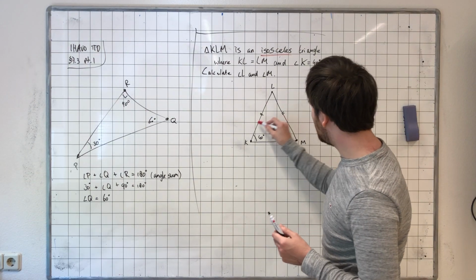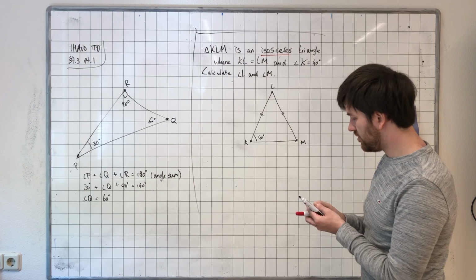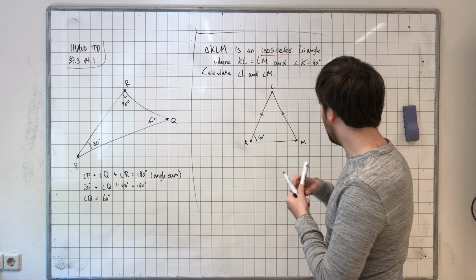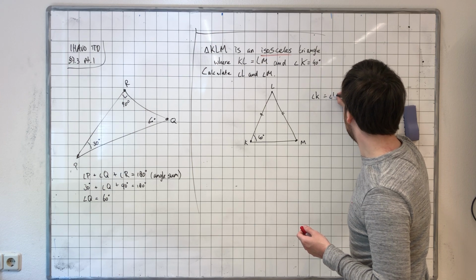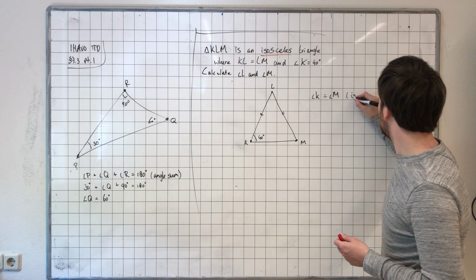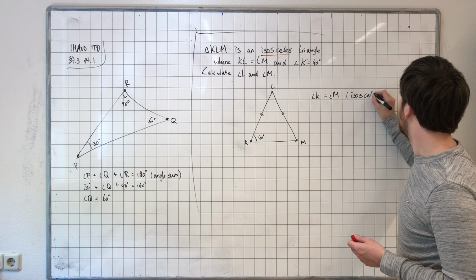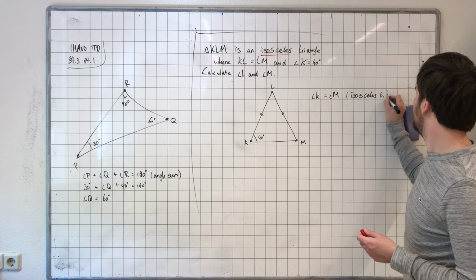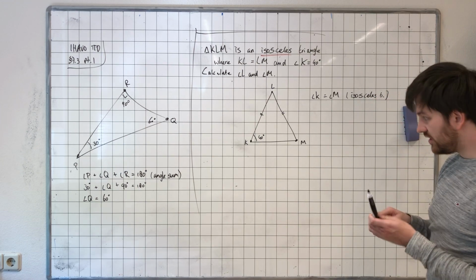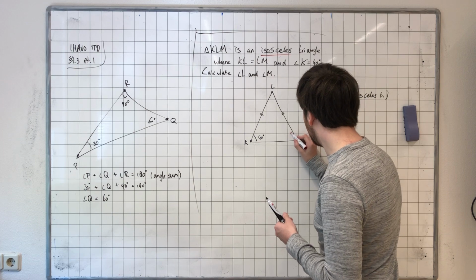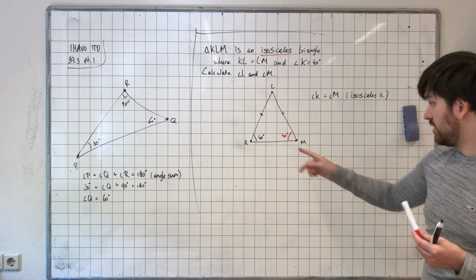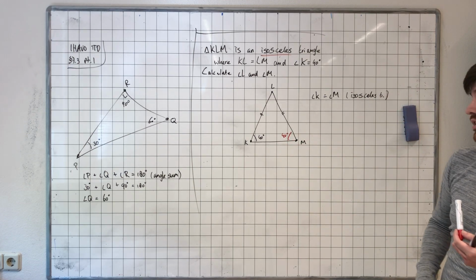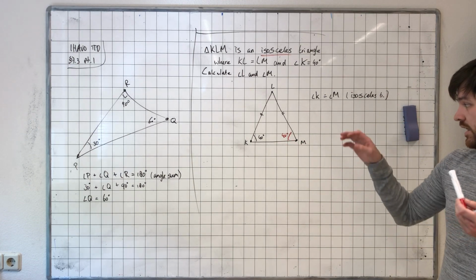These are the two legs that are standing upon this base, which means that angle K is equal to angle M, because it's an isosceles triangle. Which means that angle M, we actually don't have to calculate it at all. You can just say, because it's an isosceles triangle, these two should both be 40.